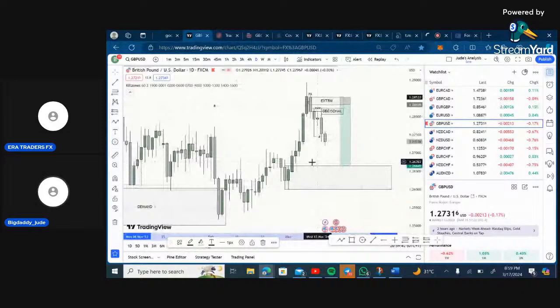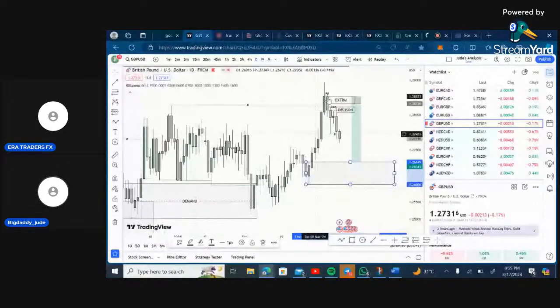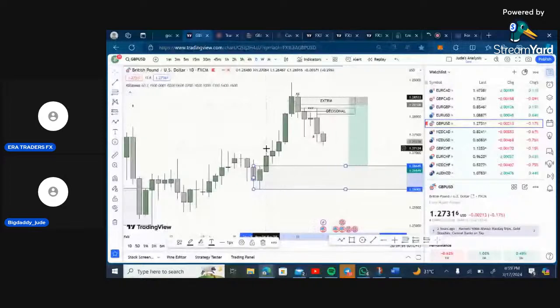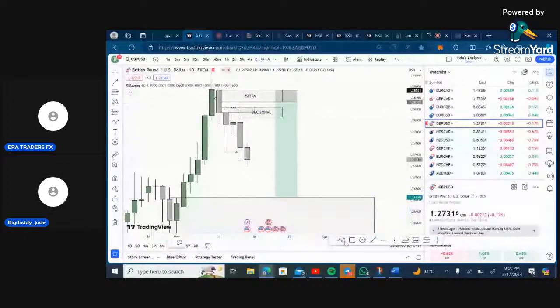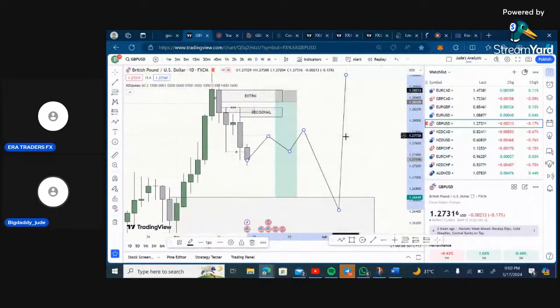So a nice sweep of liquidity build up here, tap, and we had a nice break of structure to the upside. Now we had this zone. We're expecting price to retrace into this zone and give us a nice bullish reaction to the upside, right?